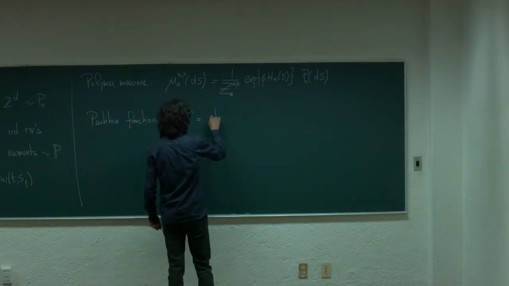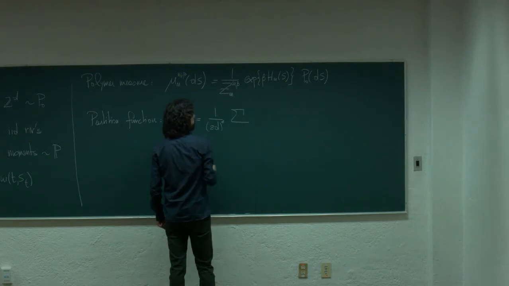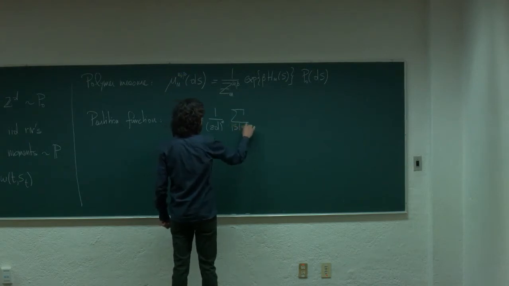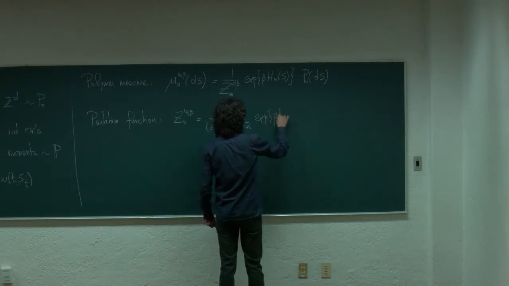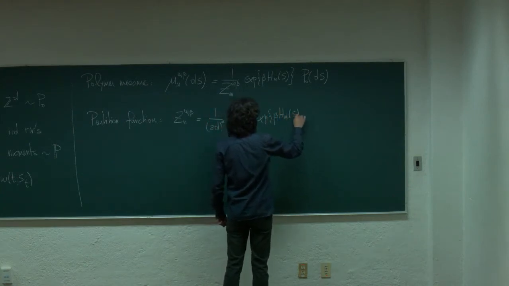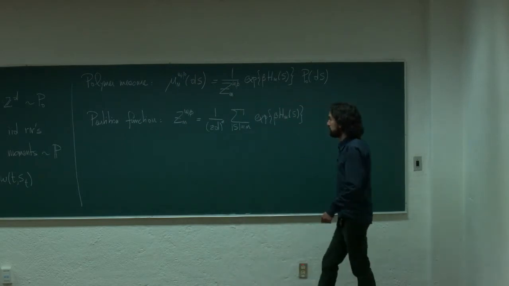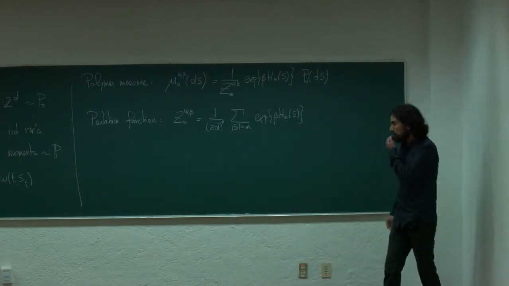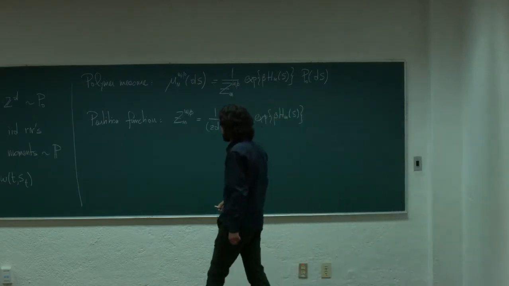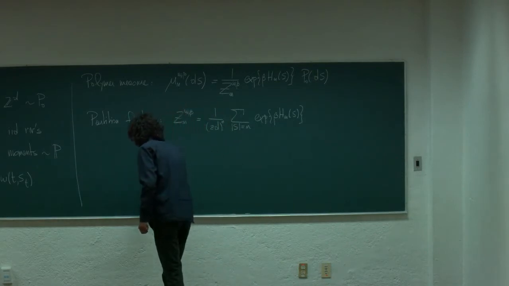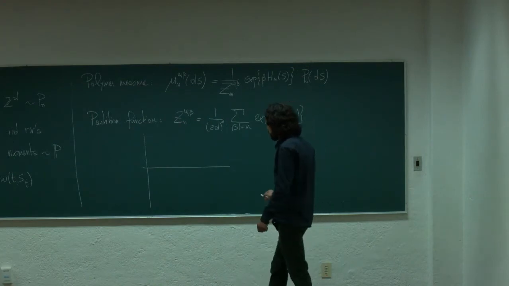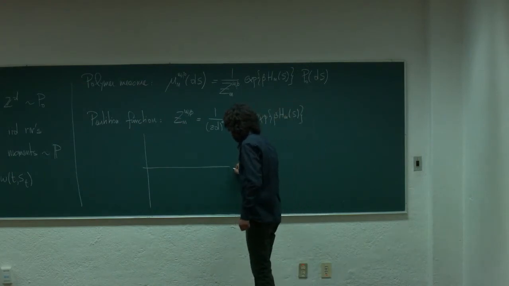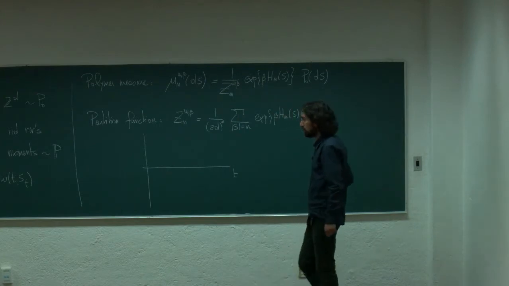And it's just the following quantity: (1 over 2d) to the n, sum over all paths of length n of exponential of beta times the energy of the path. So one way to see this is the following. For me, time will go in the horizontal direction.